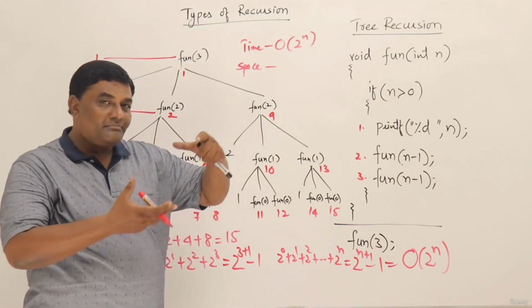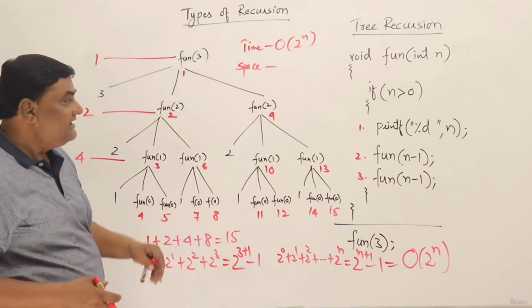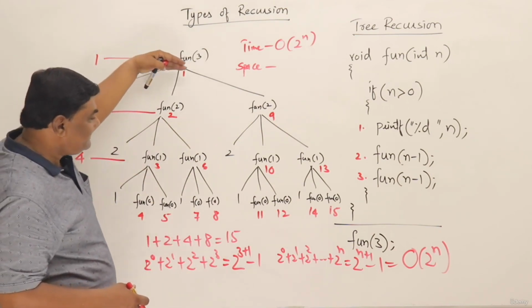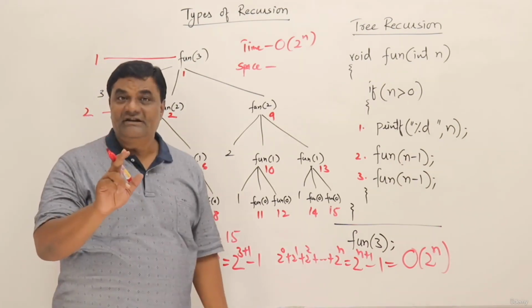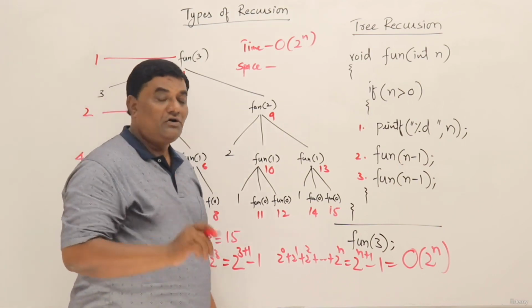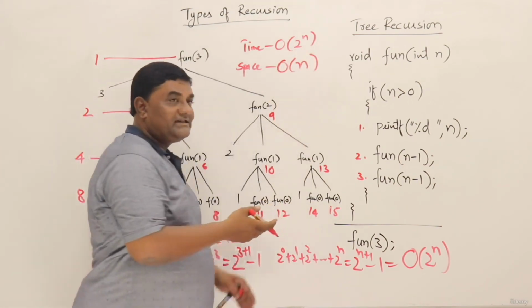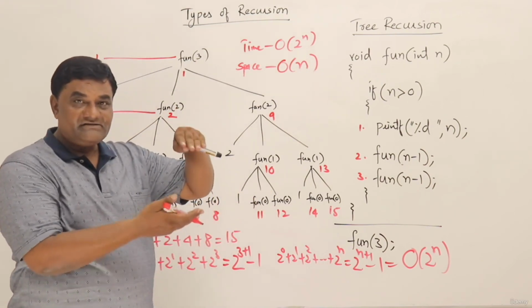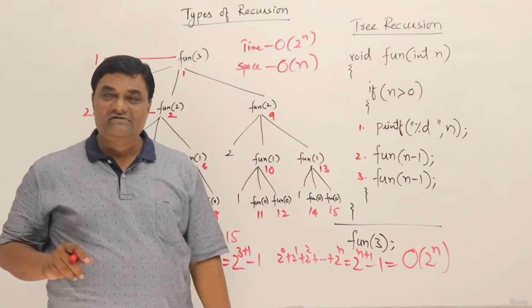So we don't require much space, like 2 power n, but we require space equal to the height of the tree that we got here. So 1, 2, 3, 4. If it is 3, 4 is the space. So if it is n, n plus 1 will be the space. So it is order of n. Space complexity is order of n. So the maximum stack size that we need is n. That will be sufficient. So that's all about tree recursion.